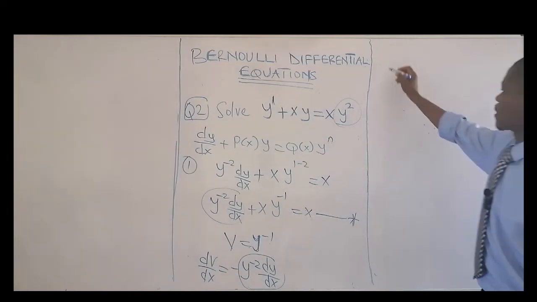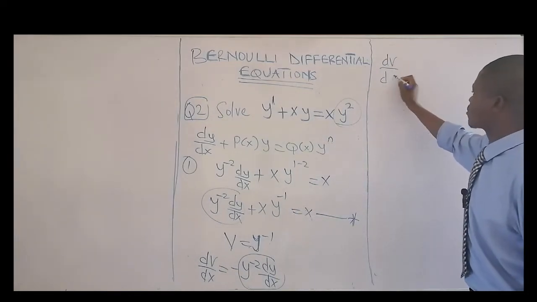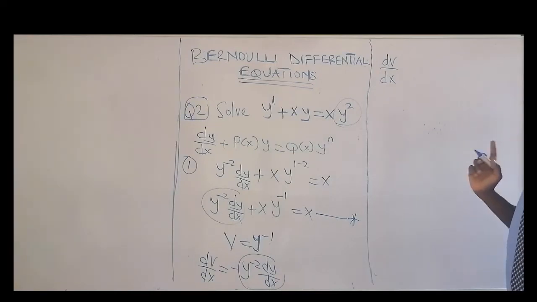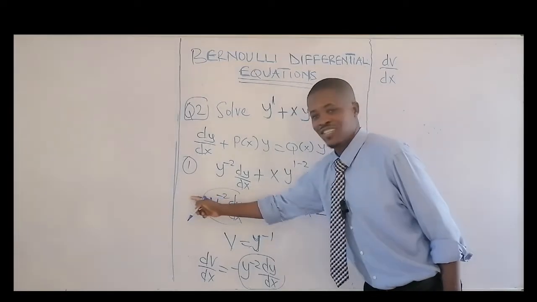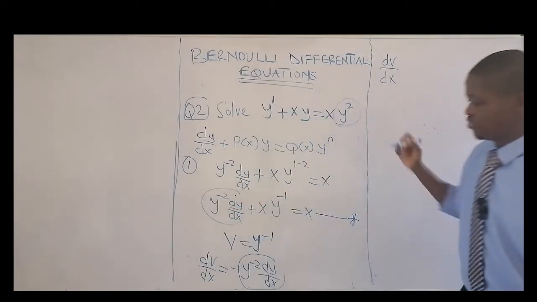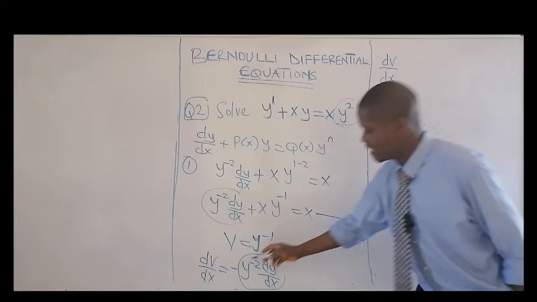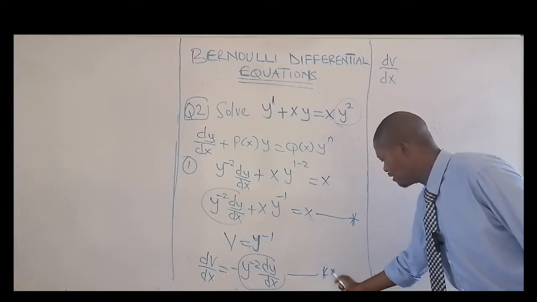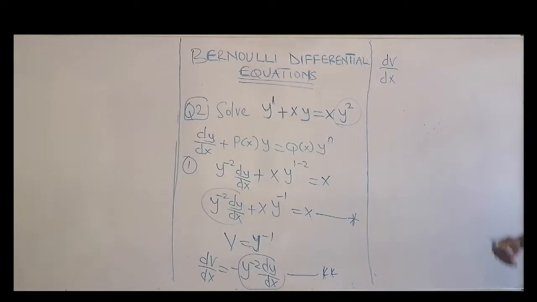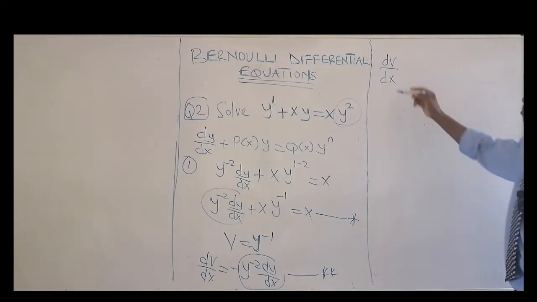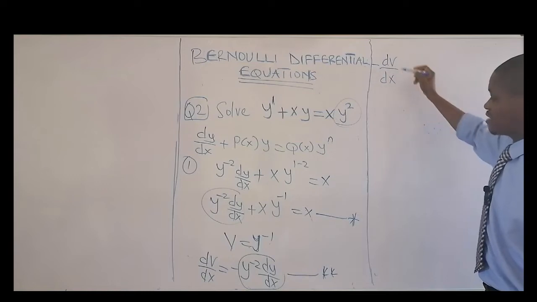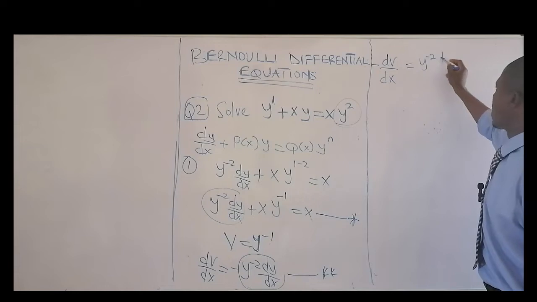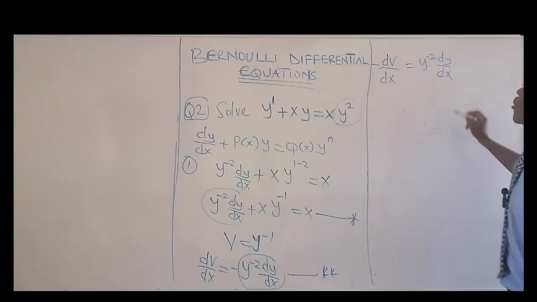So substitute this and this into this equation. Then you have dv/dx. But there's something here: there's no minus in this place. So I want to cancel the negative by multiplying this equation by negative. If I do that, I'm going to have minus dv/dx equal to y^-2 dy/dx.